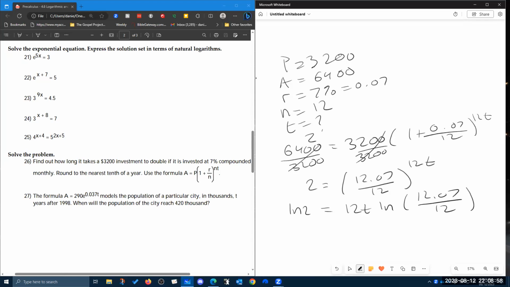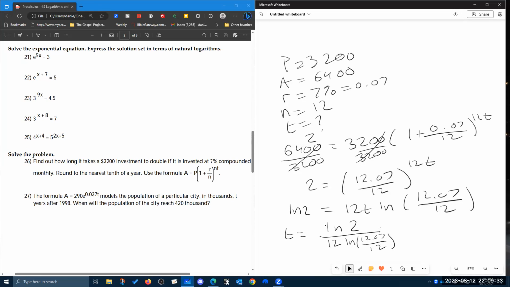So t is equal to ln of 2 over 12 in the denominator here, and there's an ln of 1 plus 0.07 divided by 12 in the denominator here.